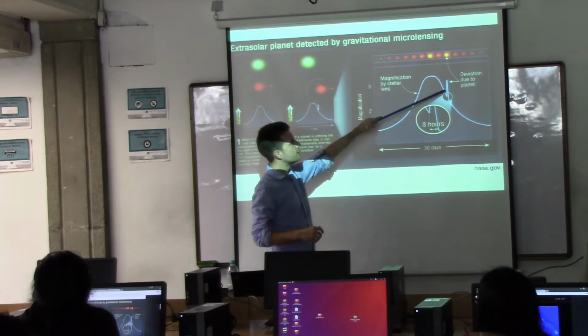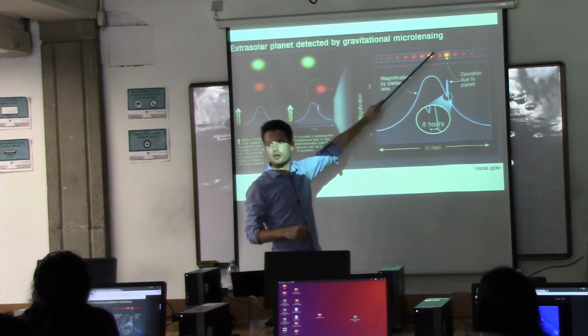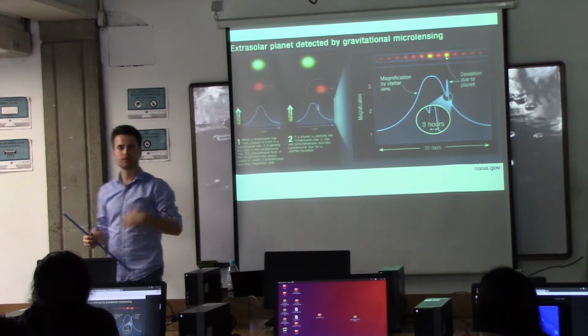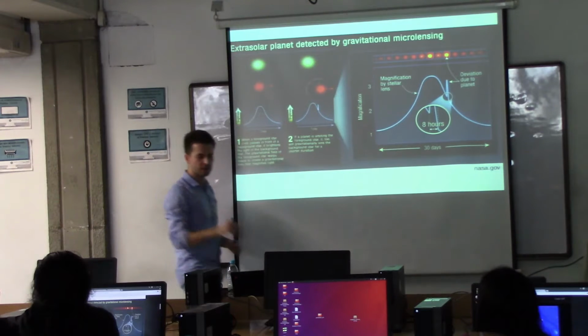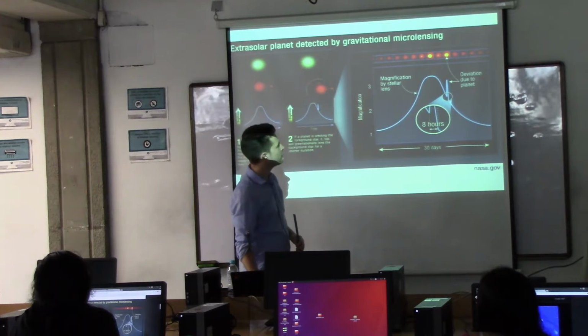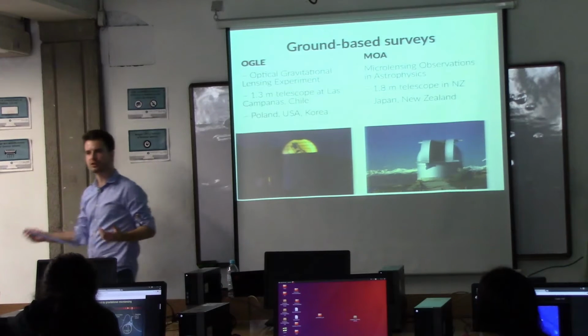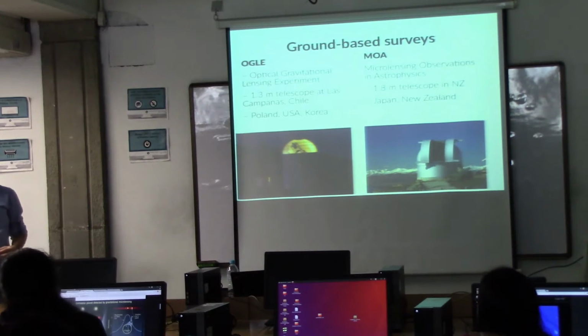This only depends on the background star, not on the host star. So this is a very powerful technique for finding planets around less massive stars and also at large distances. And people have been trying to use this actively for over 20 years.